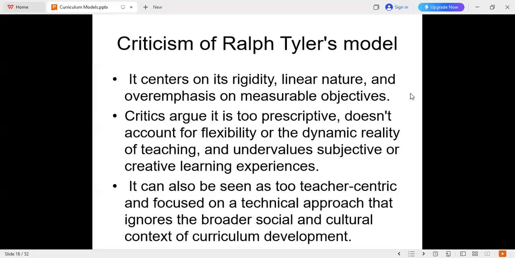There is no student-centered approach, the teaching-learning process is not deeply or clearly included in this model. Simply they say the teacher's role is teaching, the student's role is learning.